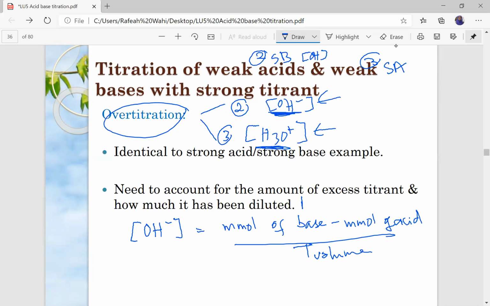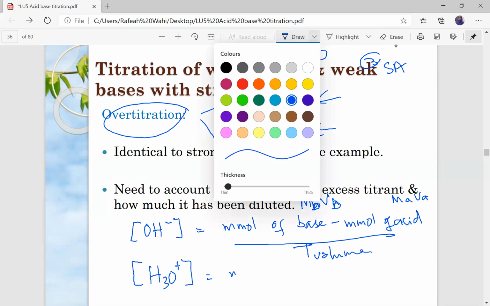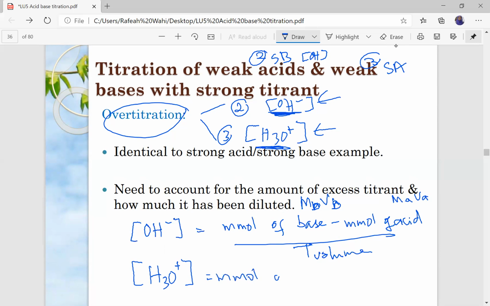So this would be MBVB minus MAVA. So excess of hydronium ion would be millimole of acid minus millimole of base divided by total volume. So this is for over titration.